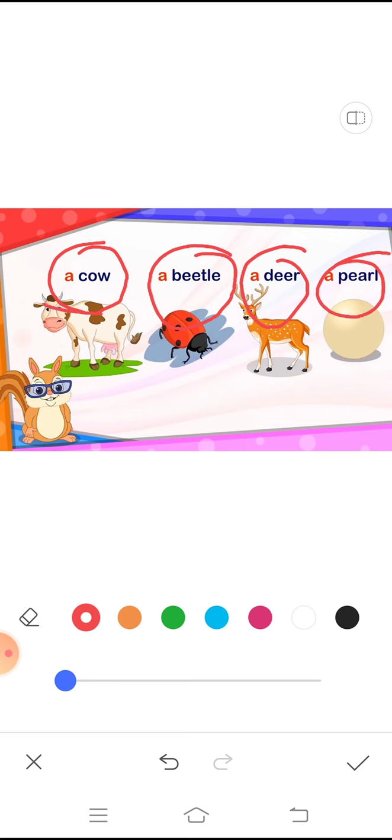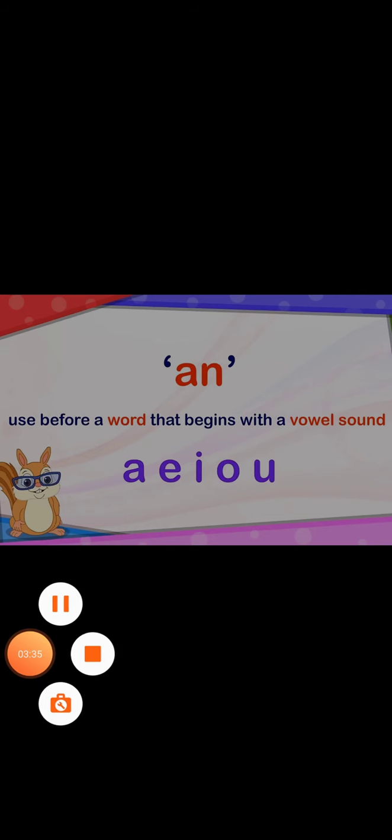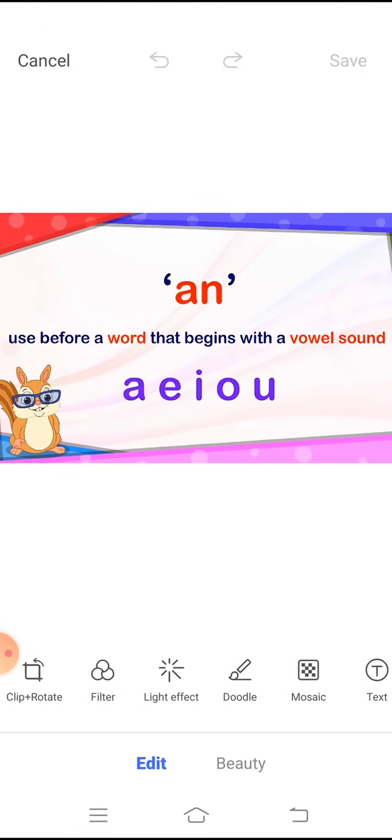In all these example words, the first letter begins with the consonant sounds k, b, d, p.